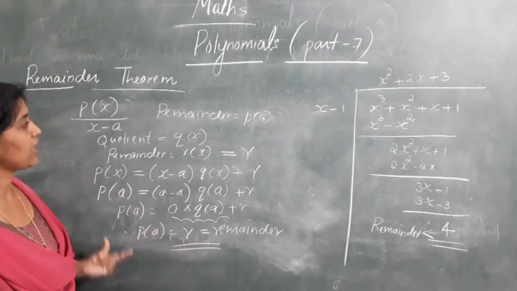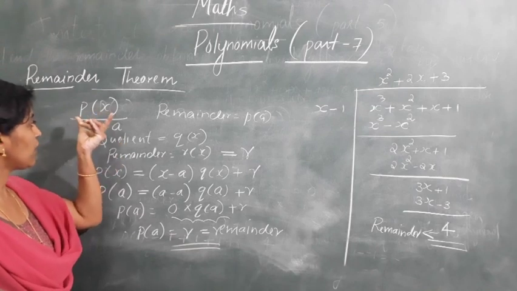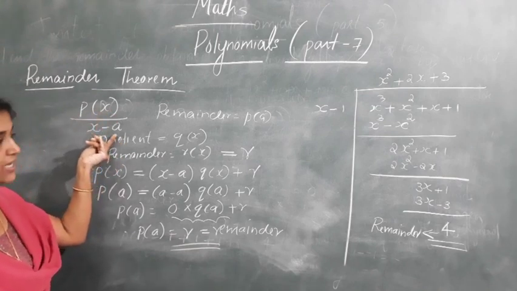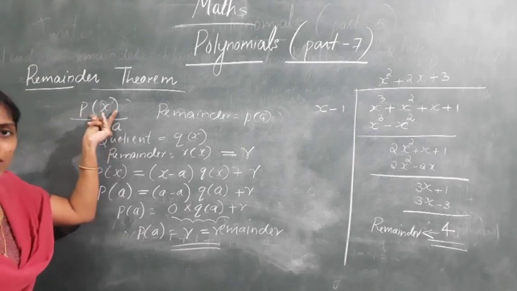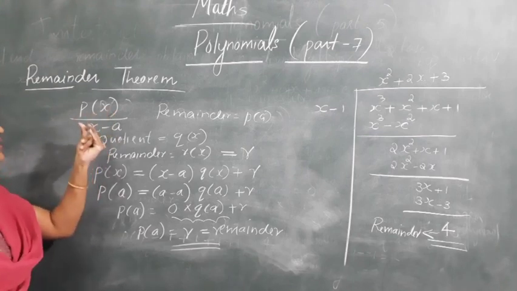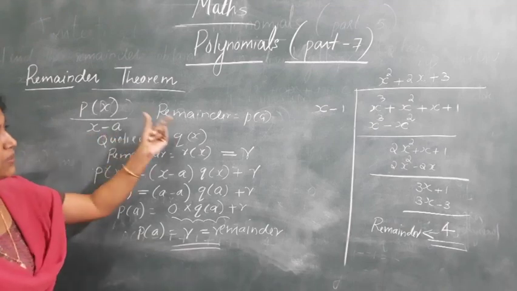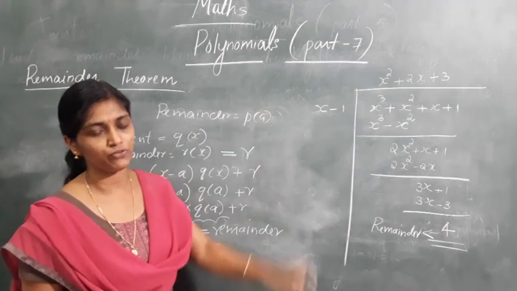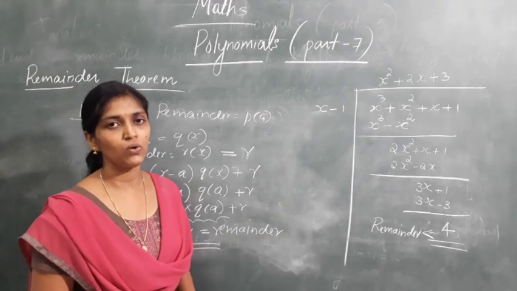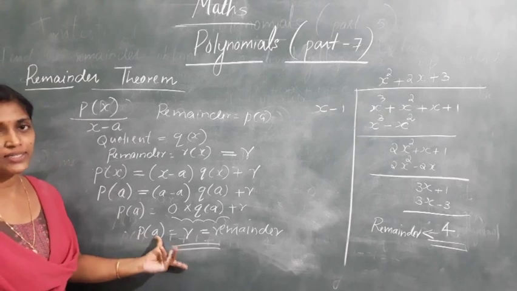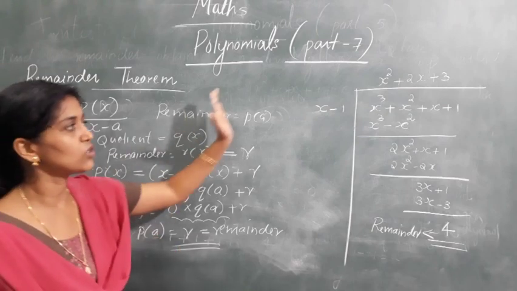So here we have proved that if a polynomial p of x, having degree greater than or equal to 1, is divided by the linear polynomial x minus a, then the remainder is equal to p of a. This is our theorem. So to find the remainder, you need not go for the division.